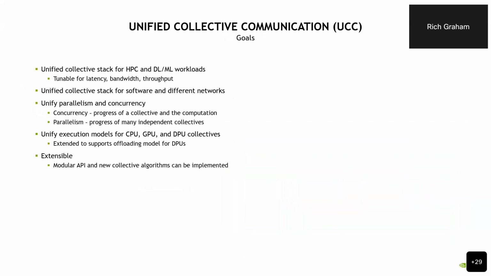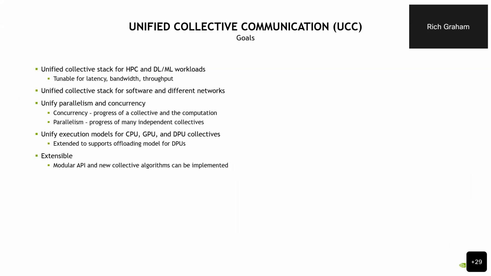So a bit about UCC. As I said before, it's an open source collaboration under the UCF Foundation. So another project there that you would be rather familiar with, but not the only other one, is UCX, for example.